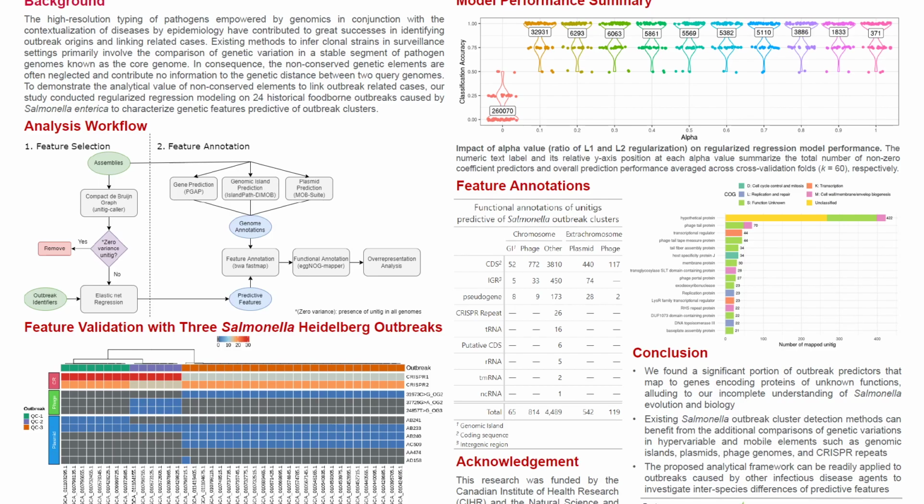Now, up to this point, we have only really answered the question of what functional elements are predictive of Salmonella outbreak clusters. And what we haven't really answered is how these functional elements differentiate the Salmonella outbreak clusters.